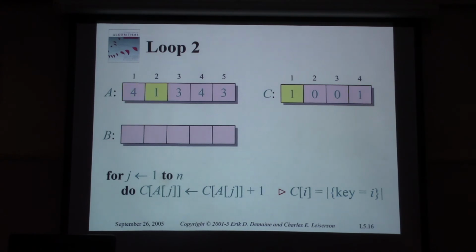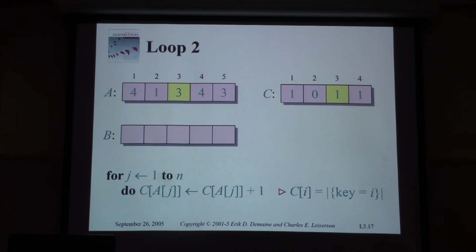So you can see what's going on: we have 1, 4, and we have 1, 1. The next value, j, goes to 3. When j goes to 3, a sub 3 is equal to 3. So C sub 3 will be assigned whatever C sub 3 was plus 1. This value will go to 1.